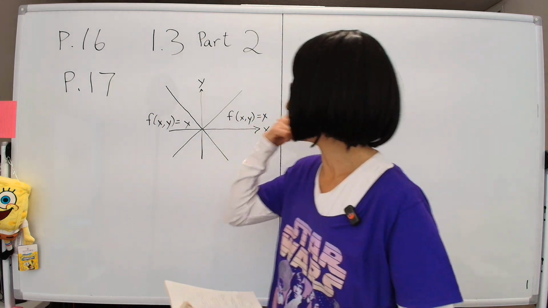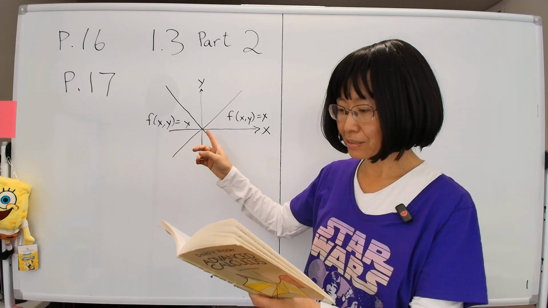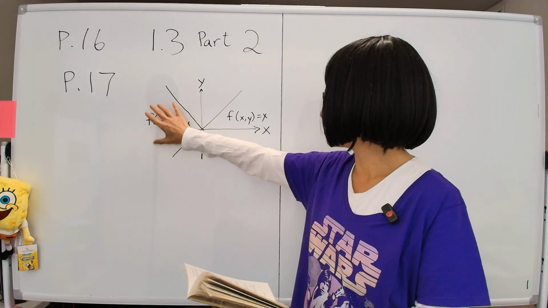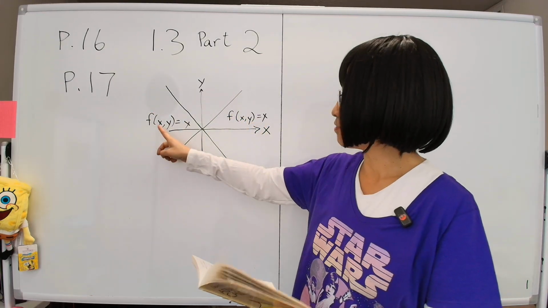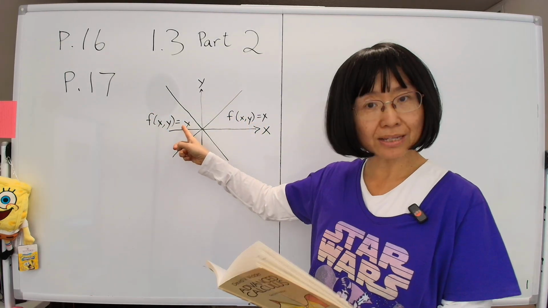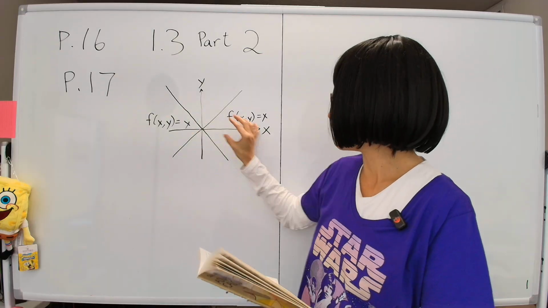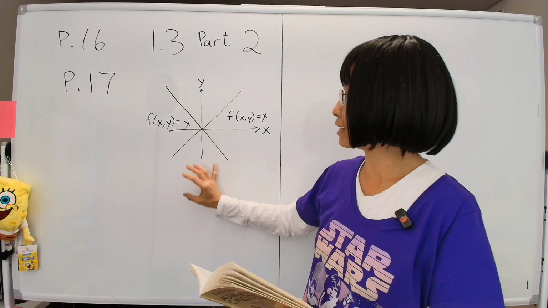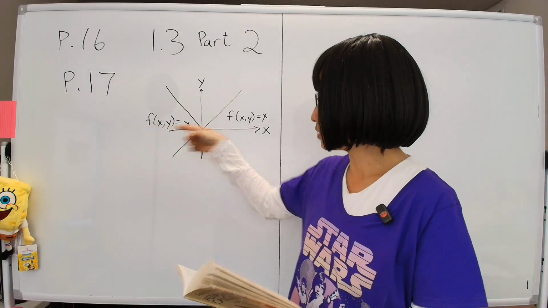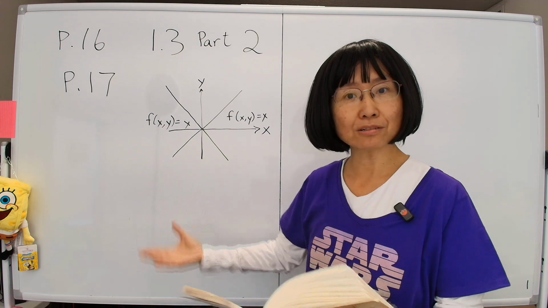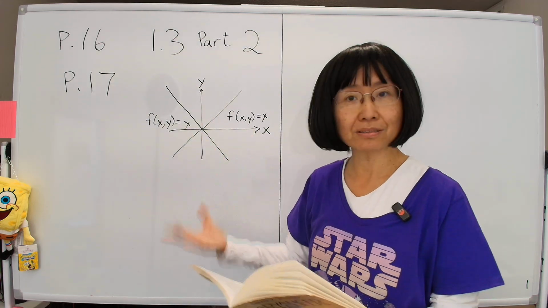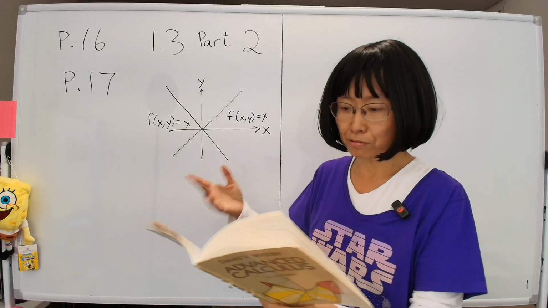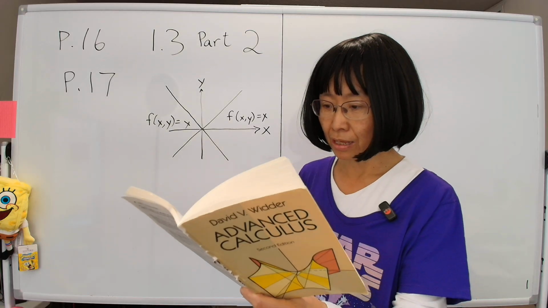Until I realized that the graph of the domain of this thing, this business about absolute value of y less than absolute value of x, actually means that this area and this area are defined as x, where f of xy equals x. Both of them, both here and here. And then up here and down here, the values are negative x. So as a result, the derivative in this direction does exist and is equal to 1, because it's equal to x, so the partial derivative equals 1. Whereas partial y, of course, there's no y here, so the partial y is naturally 0, always.